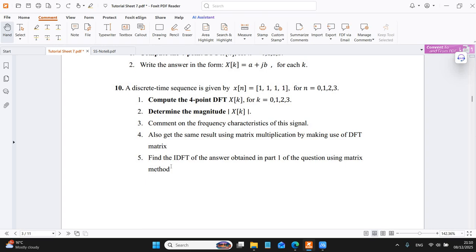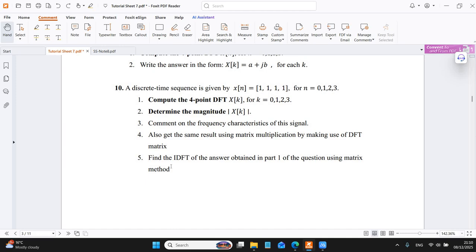So this will become the root of 1 plus cosine pi by 2 into k plus cosine pi k plus cosine pi by 2 into 3k, the whole square, plus sine of pi by 2 plus sine of pi k plus sine of pi by 2 into 3k, the whole square.